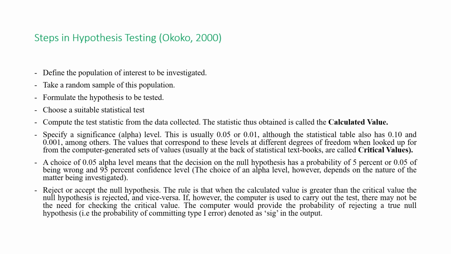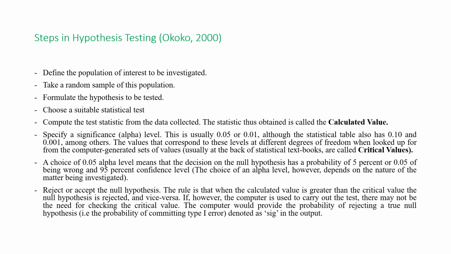The values that correspond to these levels at different degrees of freedom, when looked up from the computer-generated set of values usually at the back of statistical textbooks, are called critical values. So a choice of 0.05 alpha level means that the decision on the null hypothesis has a probability of 5%, or 0.05, of being wrong, and a 95% confidence level.